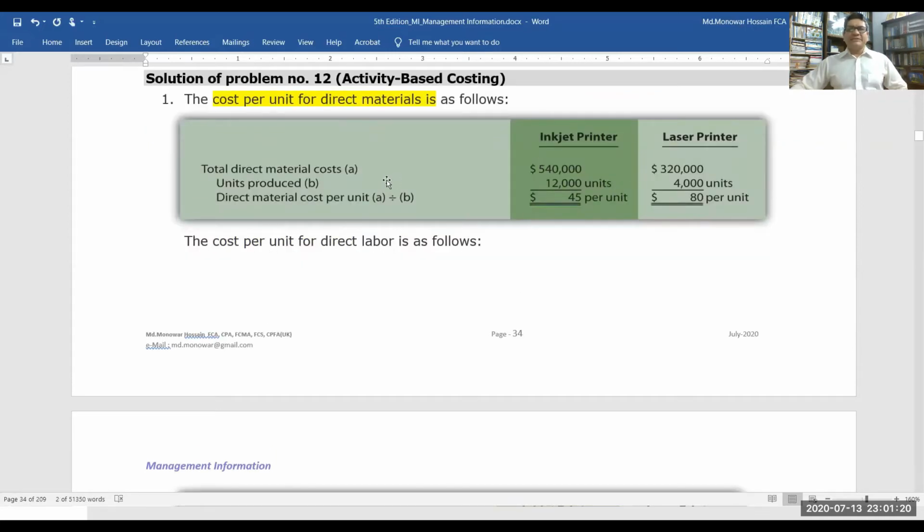If we divide, then we'll get direct material cost per unit: $45 per unit for the inkjet printer and $80 per laser printer.